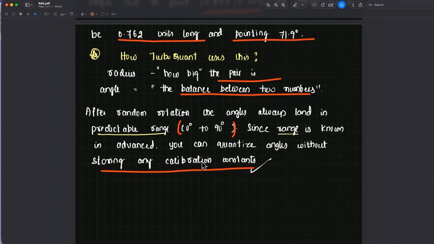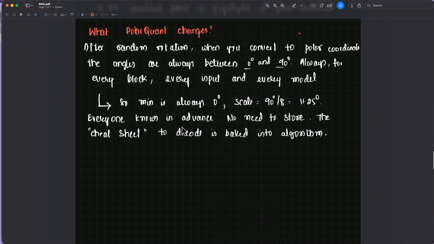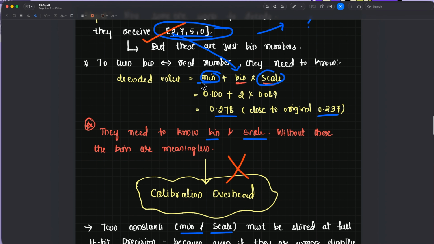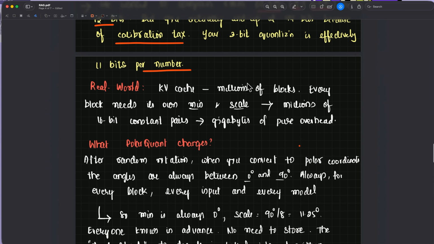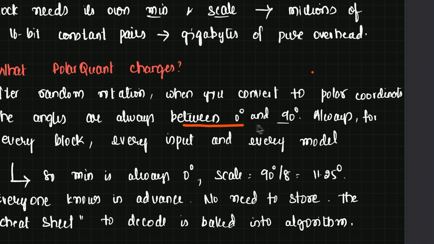Since you already have the range, recall that in the earlier calibration problem the missing part is the range. You need an idea of the minimum and the scale, and both come from the range. But when you convert into PolarQuant, the angles are always between 0 and 90 degrees.